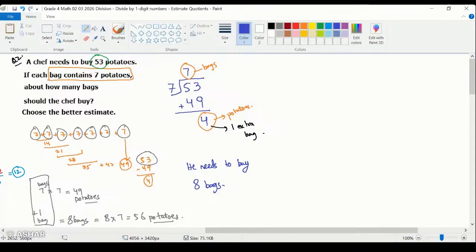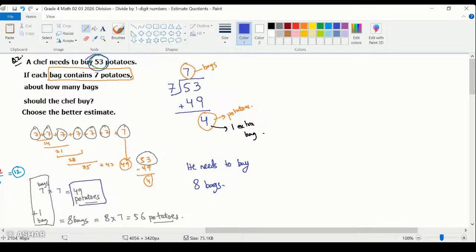Okay? Semi, Yusuf, do we agree on this? He needs to buy 8 bags because each bag has 7. If he buys 7 bags, he only has 49. But his requirement was 53.